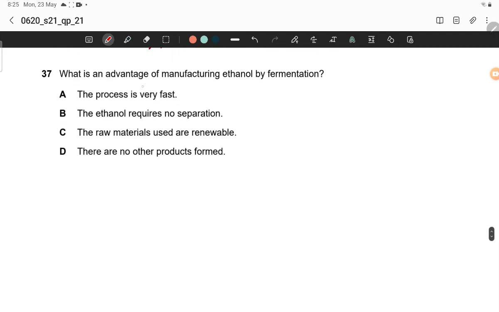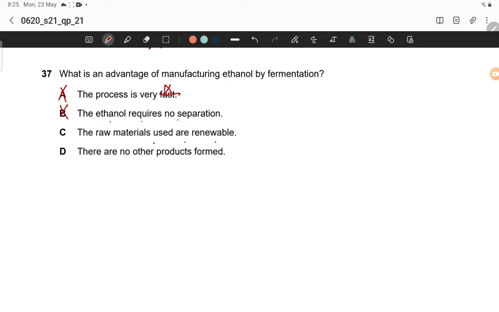What is an advantage of manufacturing ethanol by fermentation? The process is very fast. No, the process is slow. Incorrect. The ethanol requires no separation. This is incorrect, ethanol requires separation.